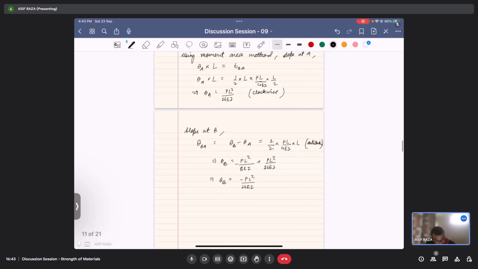That is, theta B would be equal to PL square by 16 EI anti-clockwise.